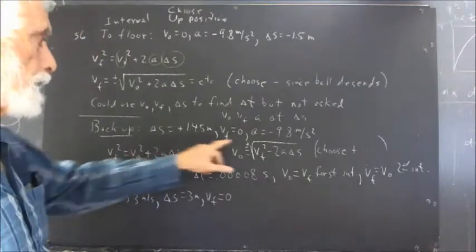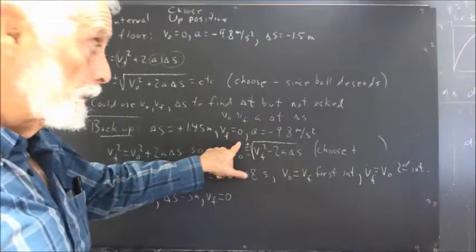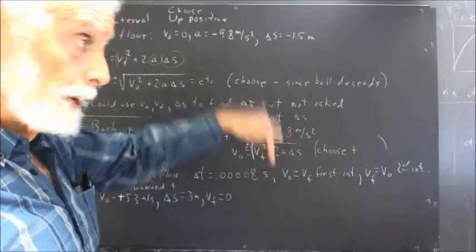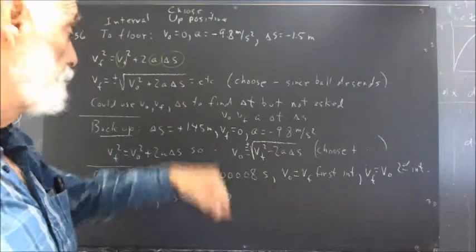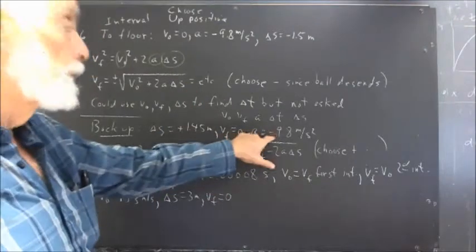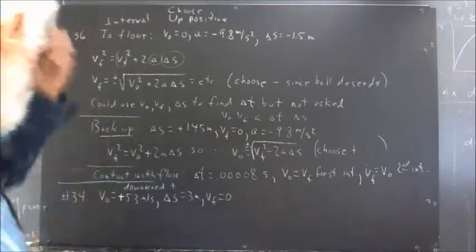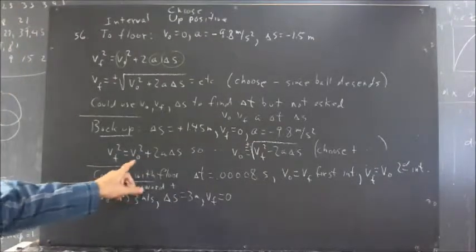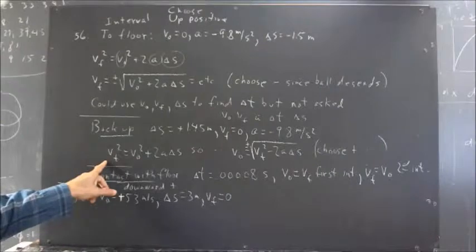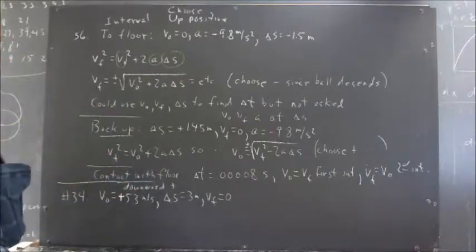So at the peak, its velocity is going to be zero, and the acceleration is still downward 9.8 meters per second squared. Upward is still a positive direction, so the delta S is up, the acceleration is down. And then we go back to the same equation, but this time, of course, it's V naught that we want and Vf that we know, so we have to solve the equation for V naught.